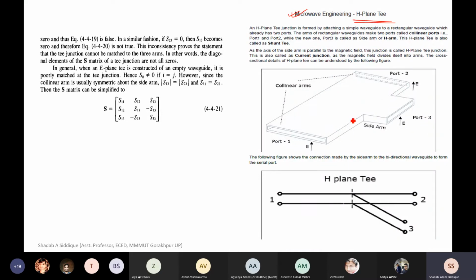We have a two-port rectangular waveguide, having dimensions A and B, similar to what we took for the E-plane T junction. This is called the collinear arm. But here we are not taking the side arm vertically; the side arm is attached in this fashion.